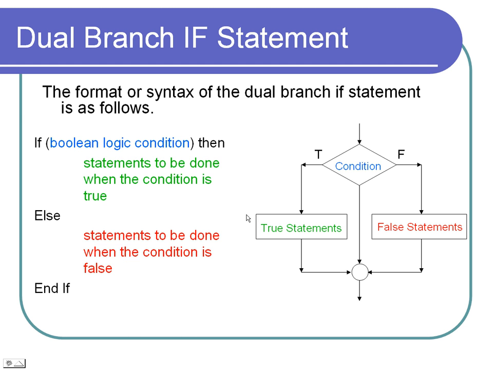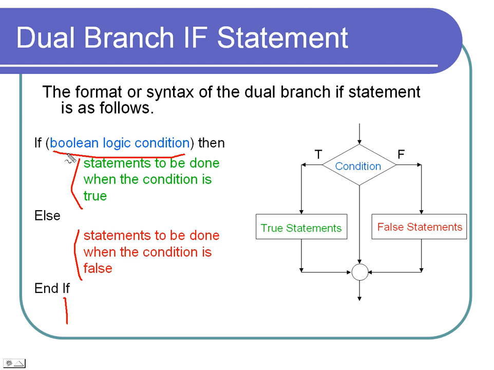The dual branch if is similar. It has, again, just like we showed before, a Boolean logical condition and true statements right here. If this condition isn't true, then it'll execute these statements before going out onto the rest of the program. So this is two things.